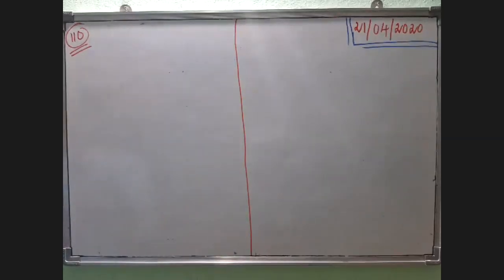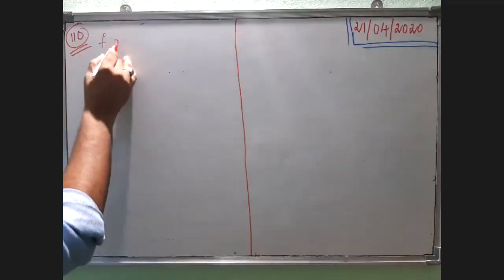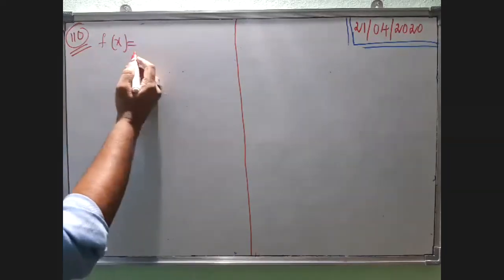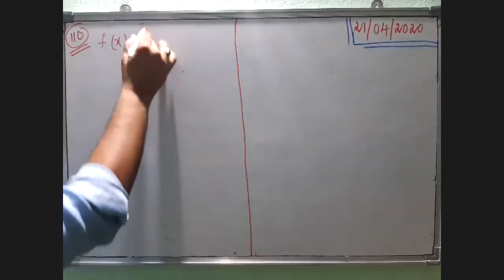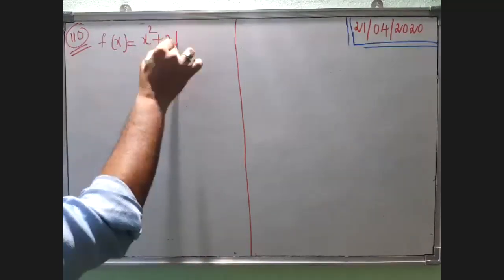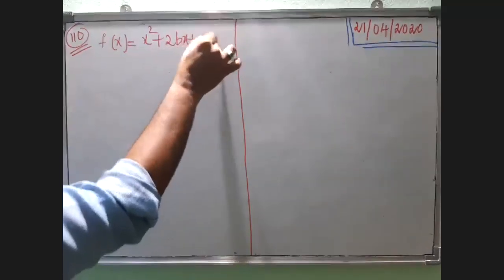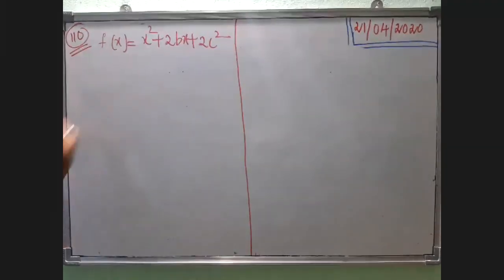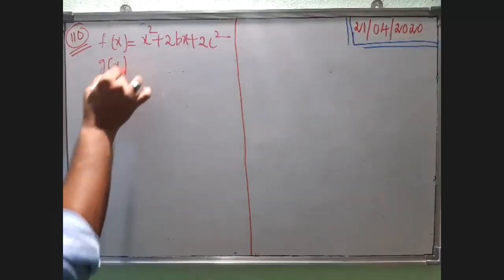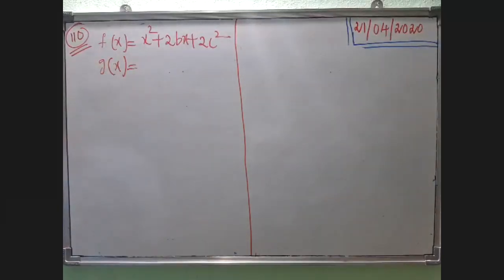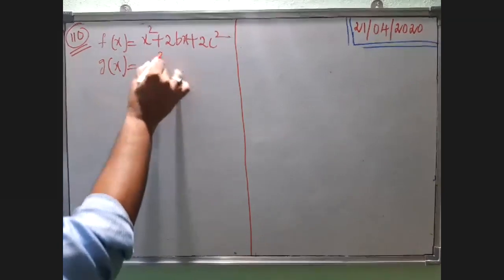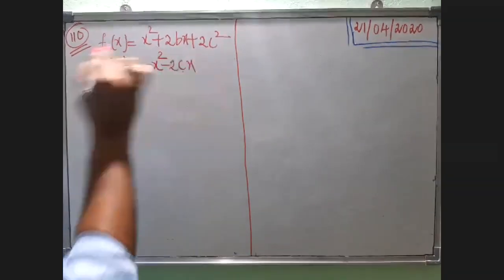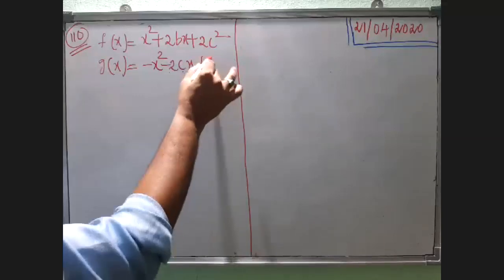The question says, if f of x is equal to x square plus 2bx plus 2c square, and g of x is equal to minus x square minus 2cx plus b square.